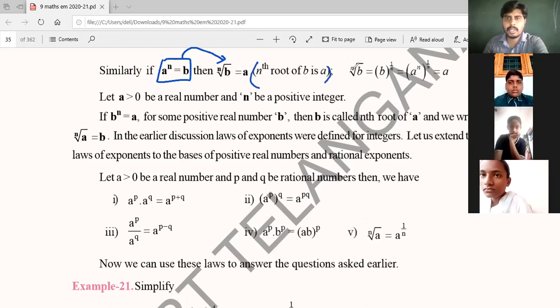So we can write nth root of b is equal to b power 1 by n, which is equal to a power n whole power 1 by n, which is equal to a. Did you get this, Nana?